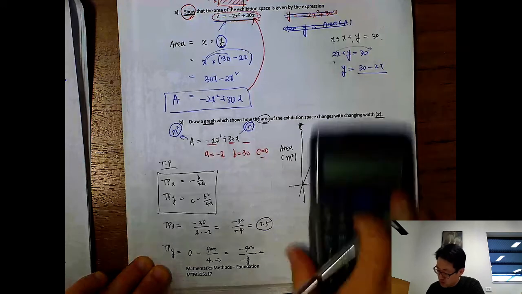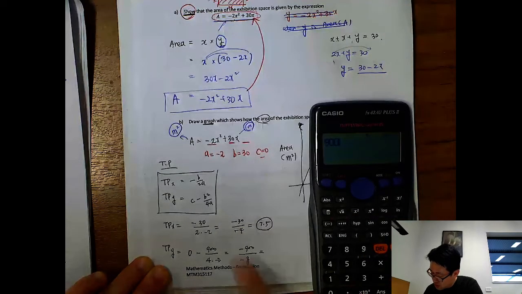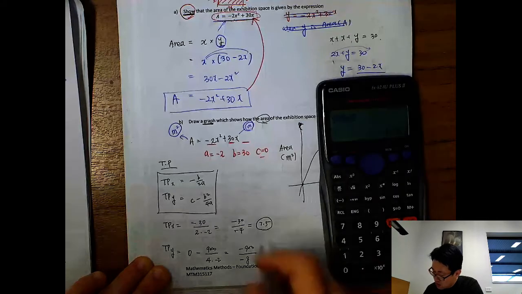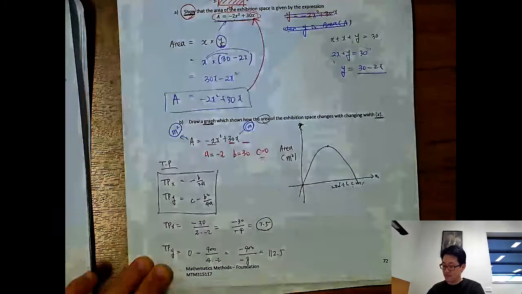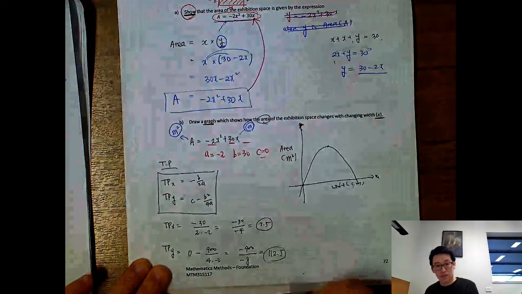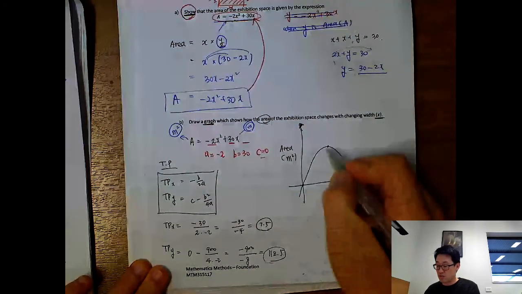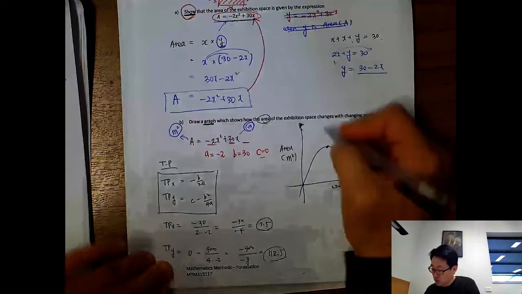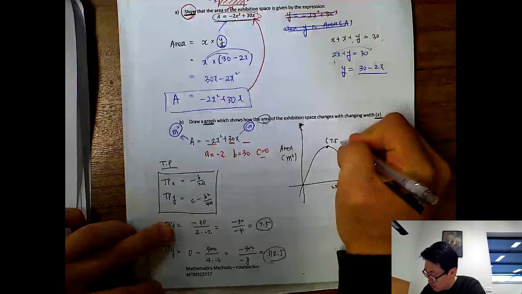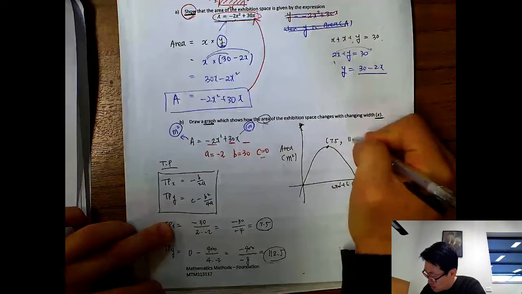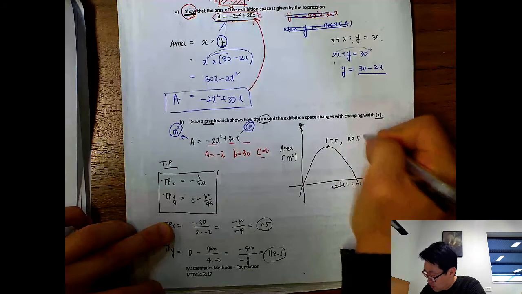On the calculator, 900 divided by 8 is 112.5. You should have both positive, since I know that's going to be our turning point. So the turning point is x is 7.5 and 112.5.